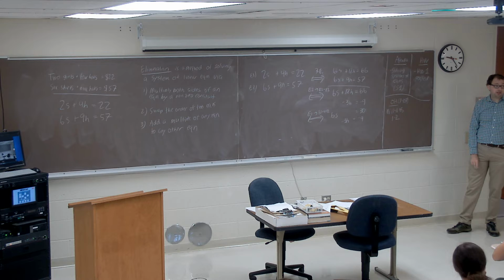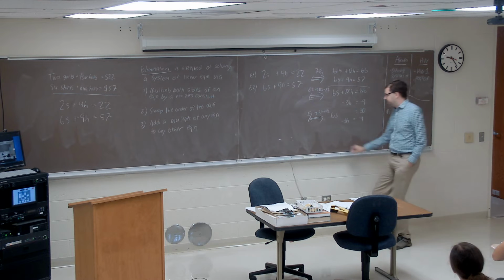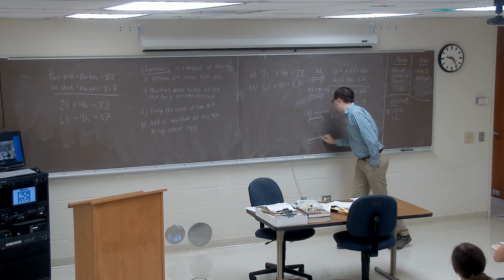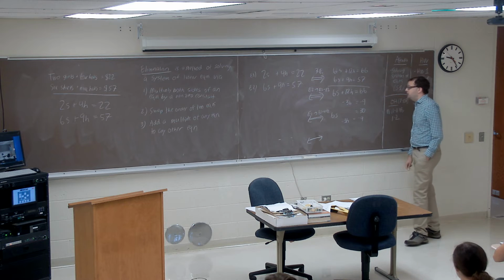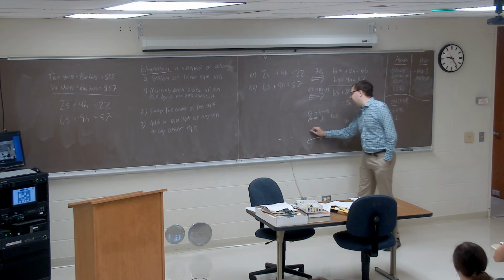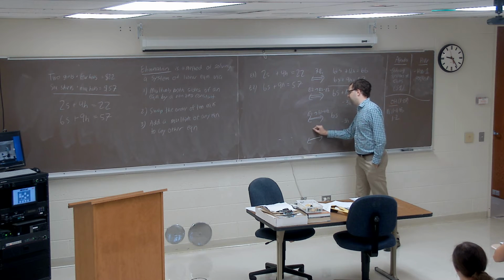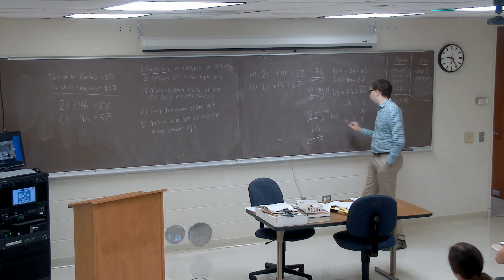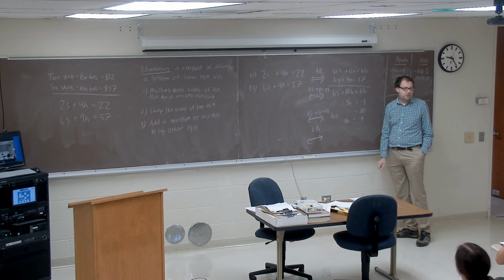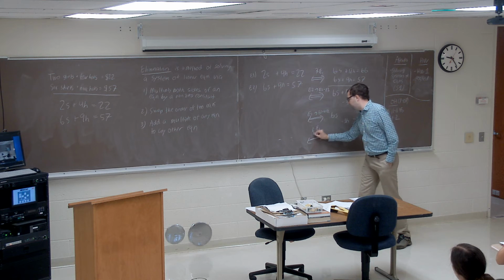And then just for fun, we're going to do a twofer. I'm going to do 2 things at the same time. I'm going to multiply my top equation by 1/6. So we'll take 1/6 times the top equation, and we'll take -1/3 times our bottom equation.